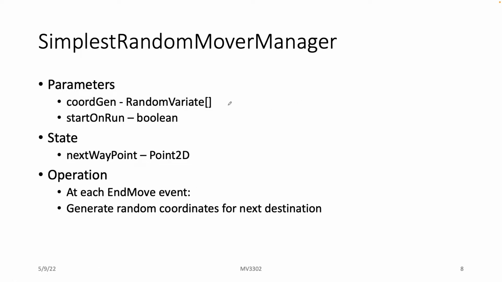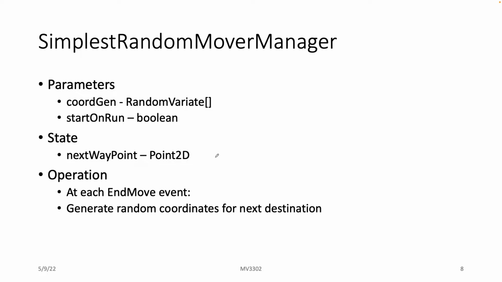We're going to have one random variate for the x location, one random variate for the y, and those are going to generate random x, y coordinates. Again, we have the start on run option to say whether we should do this right away. Our only state is going to be where we go next, because unlike the patrol and the path, which had a fixed set, here there's no fixed set.